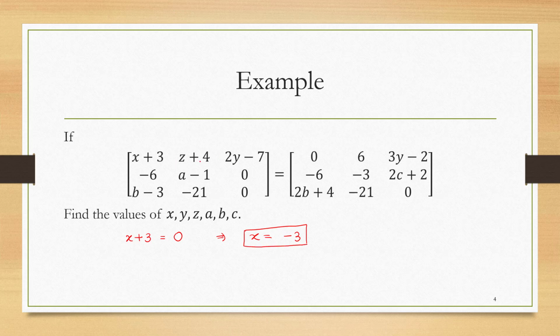Then comes z plus 4 is equal to 6. That gives me z is equal to 6 minus 4, that is 2. Third is 2y minus 7 is equal to 3y minus 2.